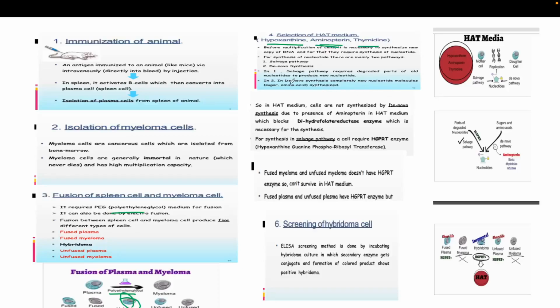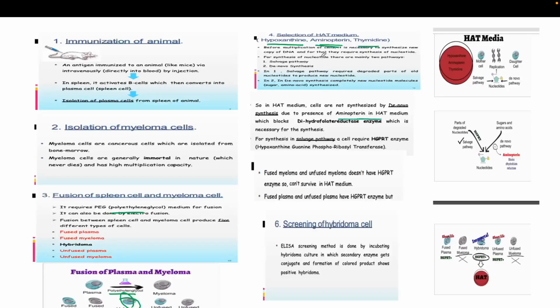In the de novo synthesis, completely new nucleotide molecules are synthesized. When the de novo pathway is not working properly, the salvage pathway plays a role in producing nucleotides. In the HAT medium, cells cannot synthesize by the de novo pathway because of the presence of aminopterin.